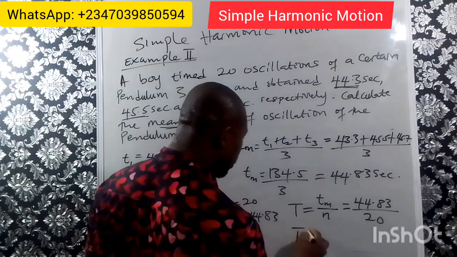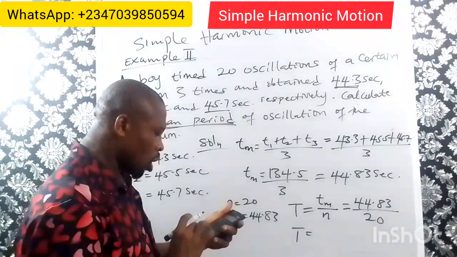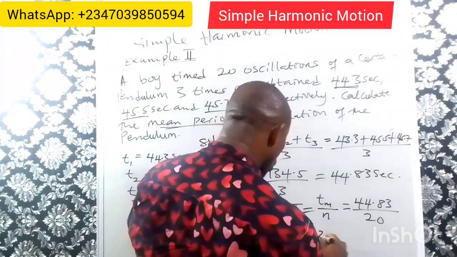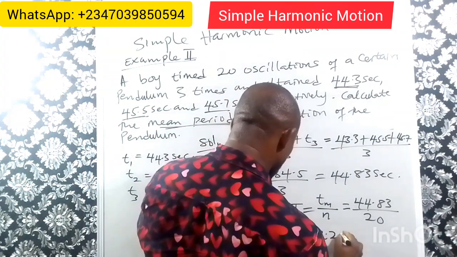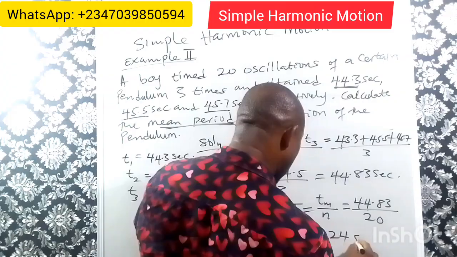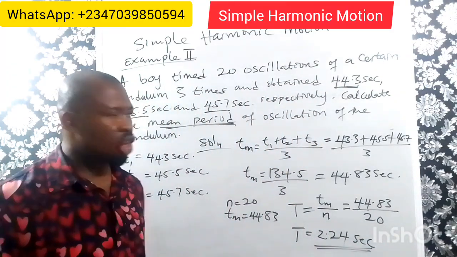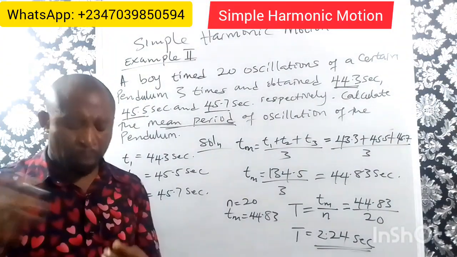The period of oscillation there will give us 2.24 seconds. That is the period of oscillation of that body.